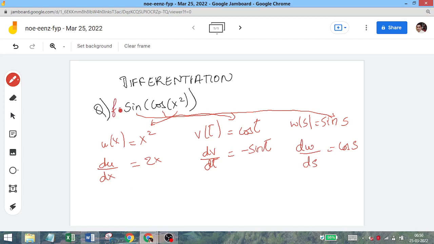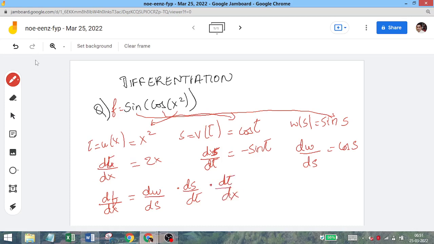and if you're considering this particular equation, df by dx equals dw by ds into ds by dt, and then, if this is considered as t, this function becomes dt by dx.